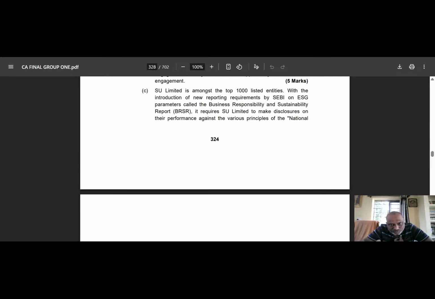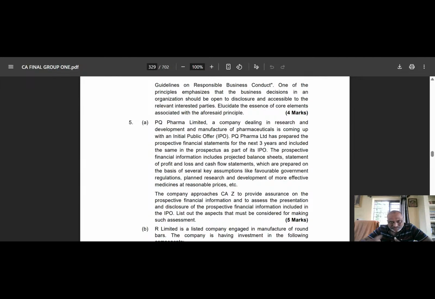Sorry, the question is: SU Limited is among the top 1000 listed entities. With the introduction of a new reporting requirement by SEBI on ESG parameters called the Business Responsibility and Sustainability Report, it requires SU Limited to make disclosures on their performance against the various principles of national guidelines on responsible business conduct.